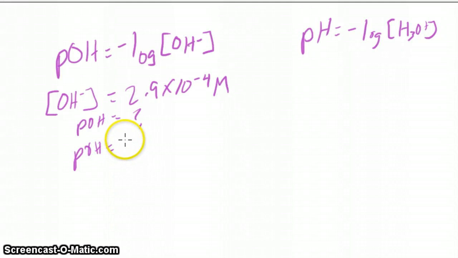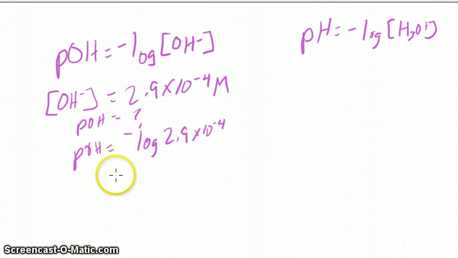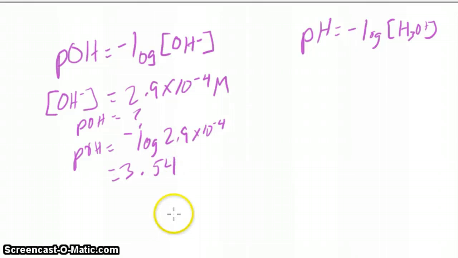The pOH equation is the negative log of 2.9 times 10 to the negative 4. You'll need to do that on your calculator. So we plug in negative log of 2.9 times 10 to the negative 4, and we get a value of 3.54 for our pOH.